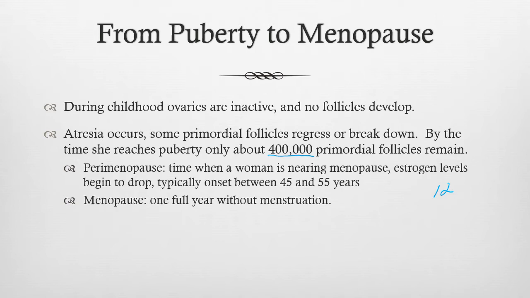That means she's had cycles for some 35 years. So 12 times 35 gives a total number of ovulations of around 420. So of those 400,000 primordial follicles, only about 420 of them have the potential to be ovulated.